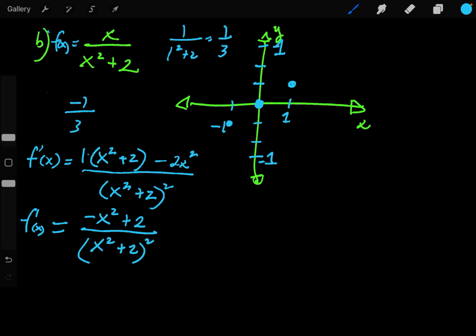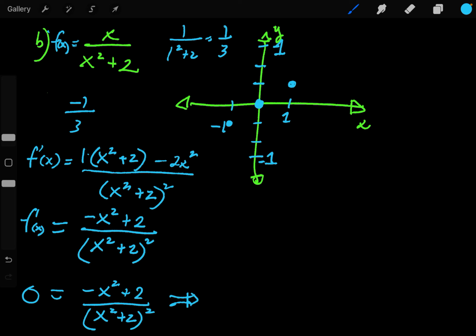And what I have here now is that I want to make this function equal 0. I want to solve for where this is 0. The bottom is never 0, so we're actually in good shape again. Because, oh wait, yeah, the bottom is never 0. You can never make x squared plus 2 equal 0 among the reals. So we're okay in that case. All we need is the top to be 0.